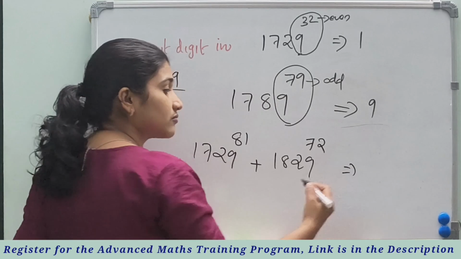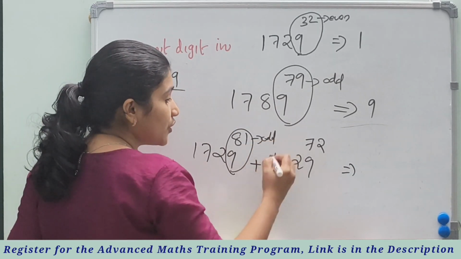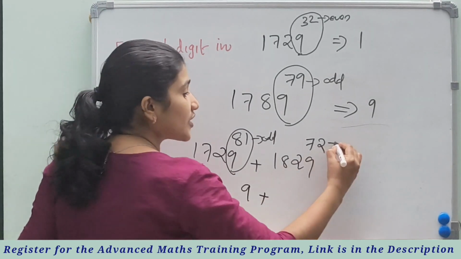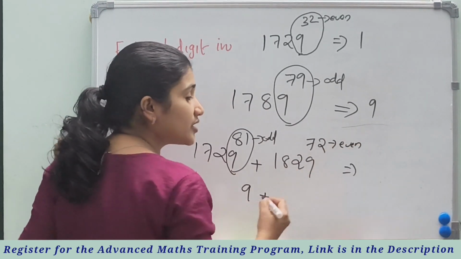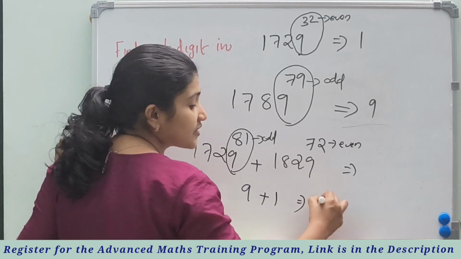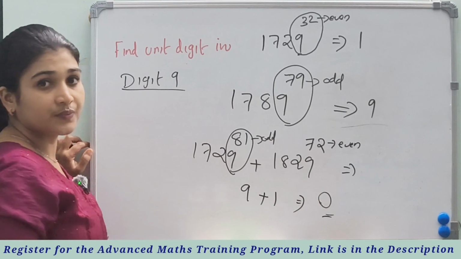Find the unit digit. Here 9 raised to odd, the unit digit is 9, and 9 raised to an even number, the unit digit is 1. So 9 plus 1 is 10, which means the unit digit in this expression is 0.